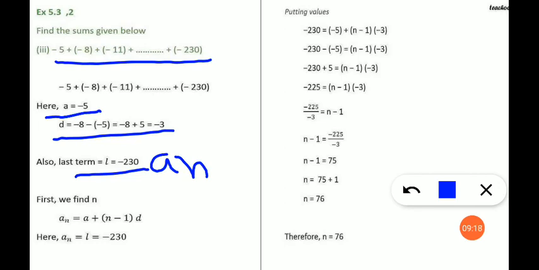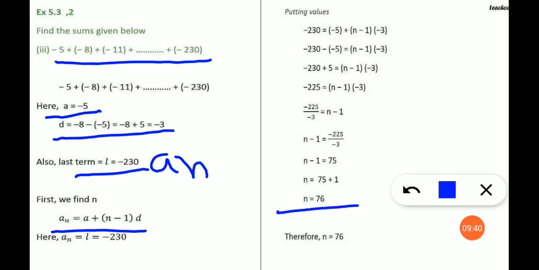We will apply all these things in the formula an is equal to a plus (n minus 1)d. We'll substitute the values and solve it. After substituting the values and solving, we get n is equal to 76.